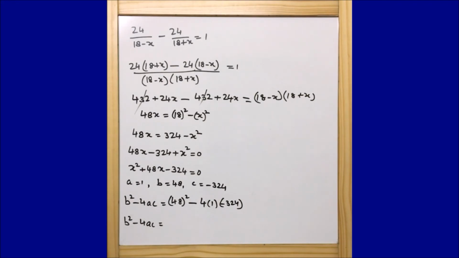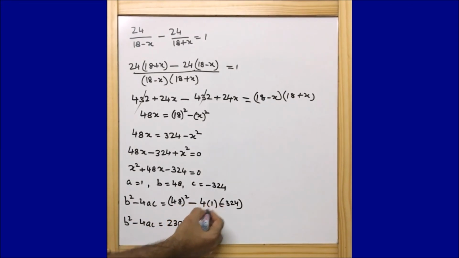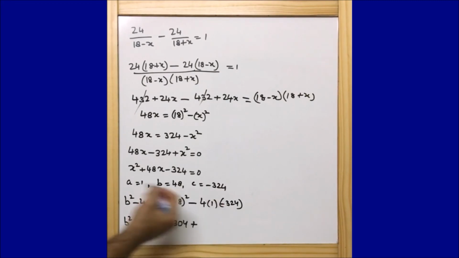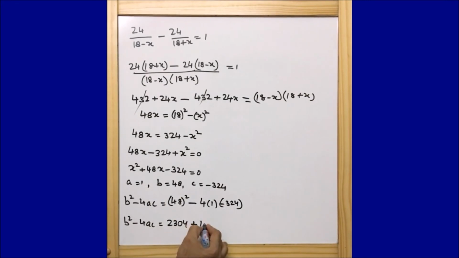I can write 48 square as 2304, because 48 into 48 is 2304, and here minus and minus becomes plus, and 4 into 1 into 324 is nothing but 1296, and that is equal to 3600. So guys, we got b square minus 4ac is equal to 3600.